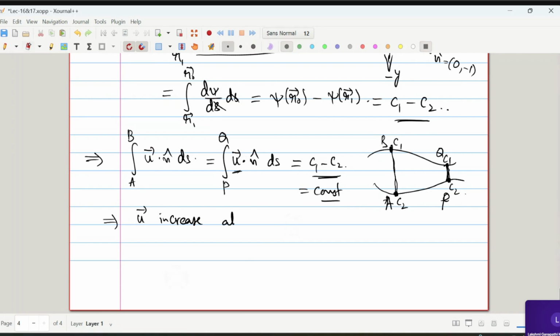So that implies the conclusion is that u increases across p and q. Okay, it increases if p minus q decreases, right? Basically A minus B, A minus B decreases, you write, so that you understand. So A minus B, that difference, decreases.